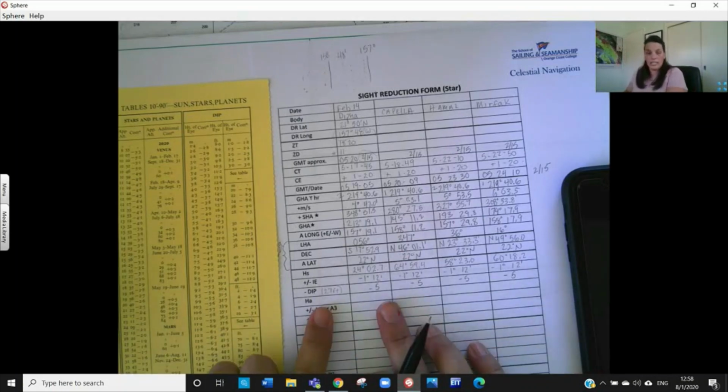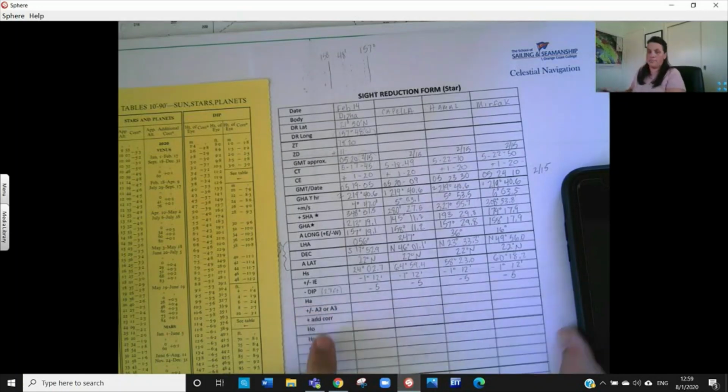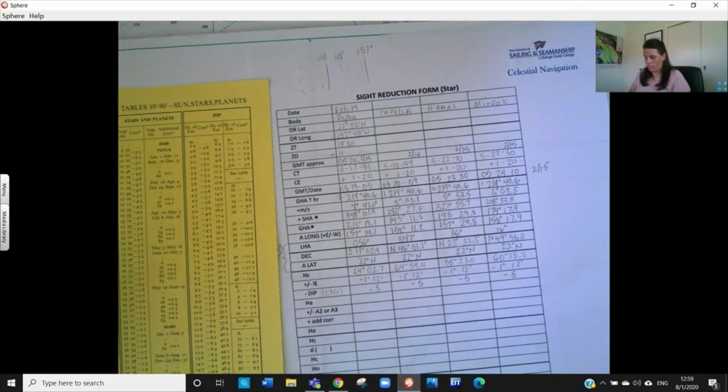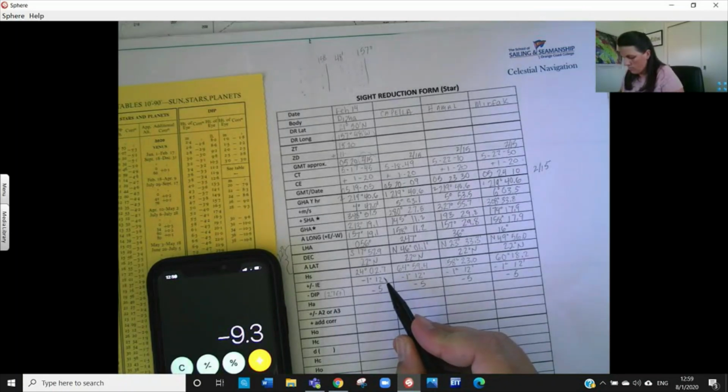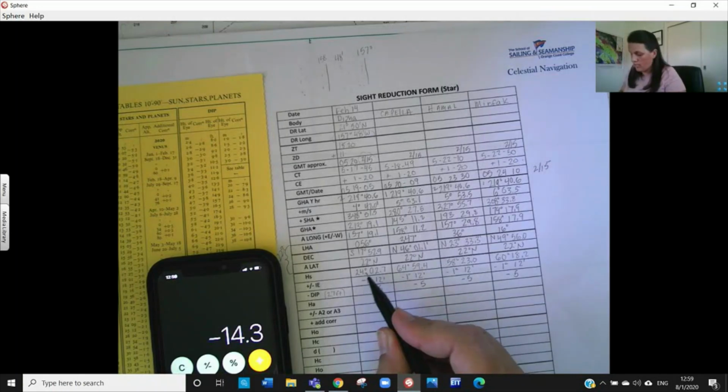Okay, so now I can calculate my apparent altitude, my HA. I'm getting a negative number, so I need to borrow from this side.